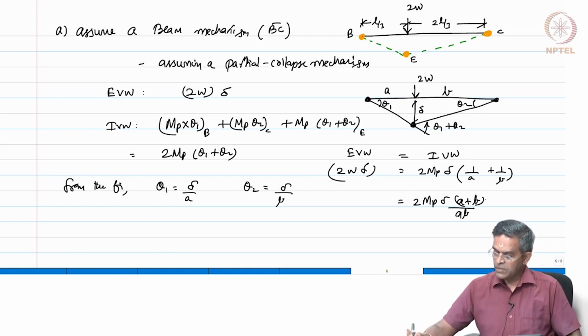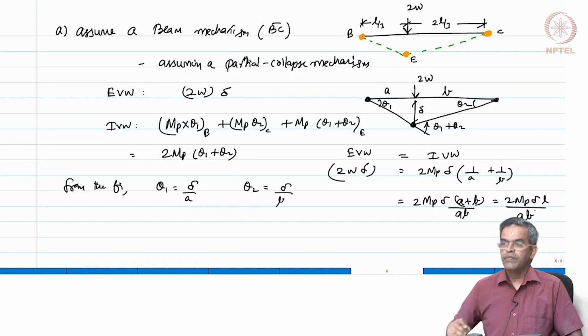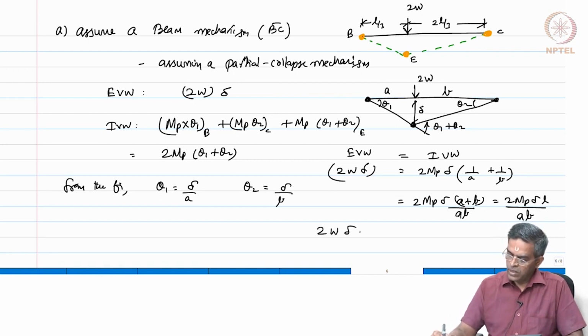Can I say A plus B as L from the figure? So, now 2W delta is 2 Mp delta L by AB.